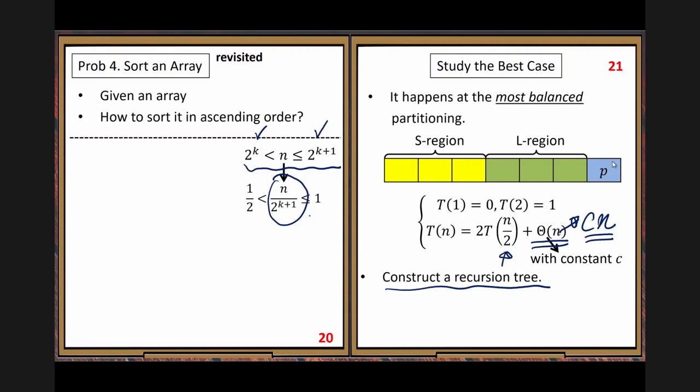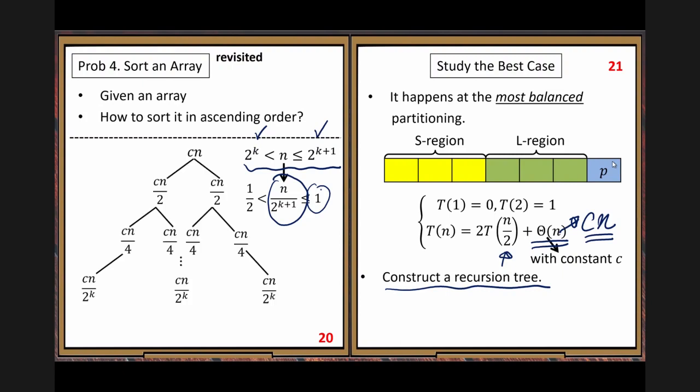And if the size is less than or equal to 1, we should stop the split, right? Think about that. We should stop the split.